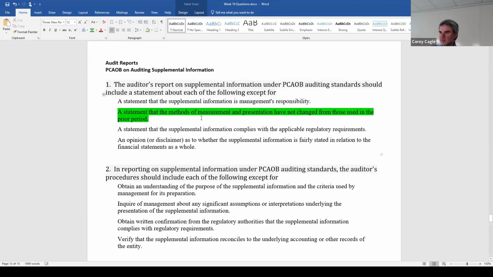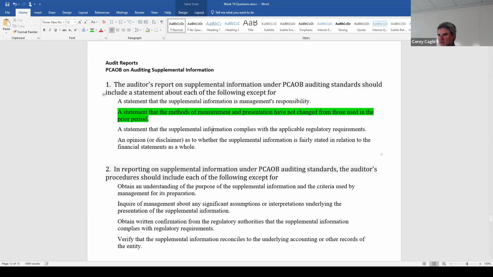It is management's responsibility. Statement that the supplemental information complies with the applicable regulatory requirements is a tough question to really get at. But yeah, a little deeper thinking, we may not automatically know this, but we can reason that that would certainly be fine.